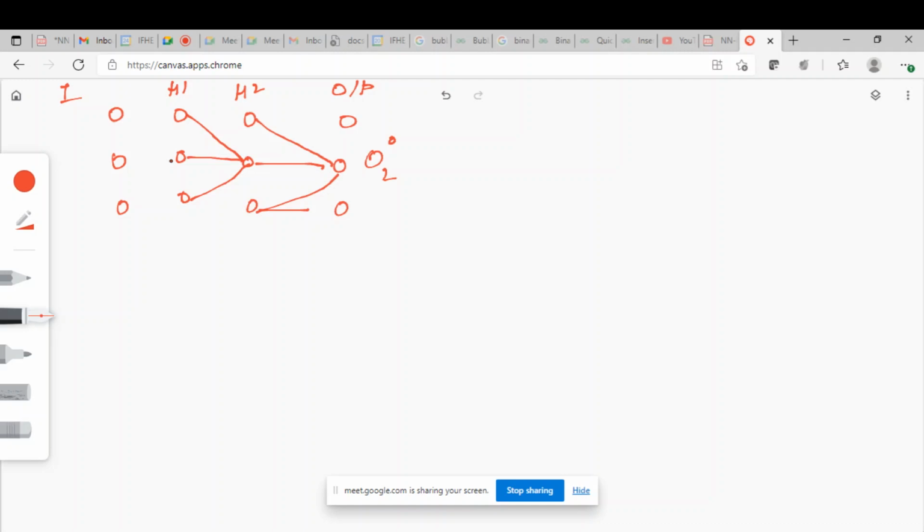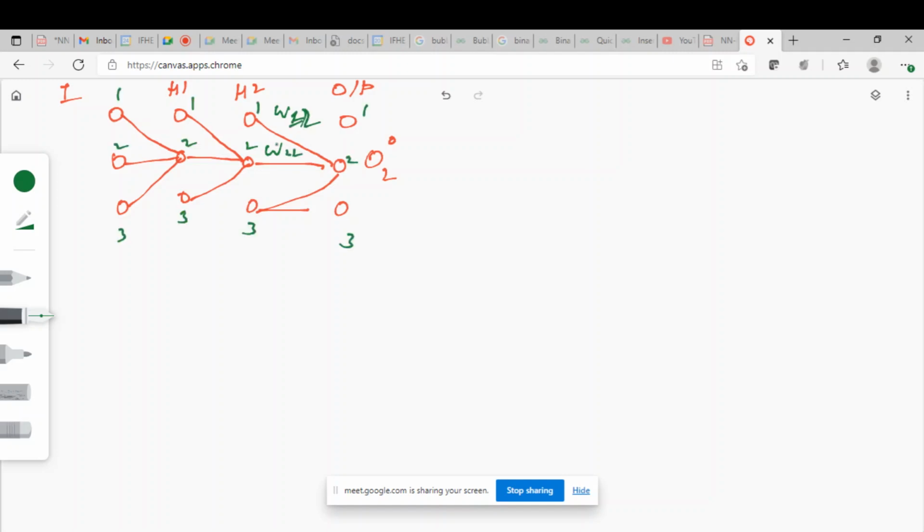So we have to use now 3 parameters for weight, right? For here, let us use W. This is W12, this is W22. This is the first, second, third neuron of the input layer; first, second, third neuron of hidden layer 1; first, second, third neuron of hidden layer 2; and first, second, third neuron of the output layer.